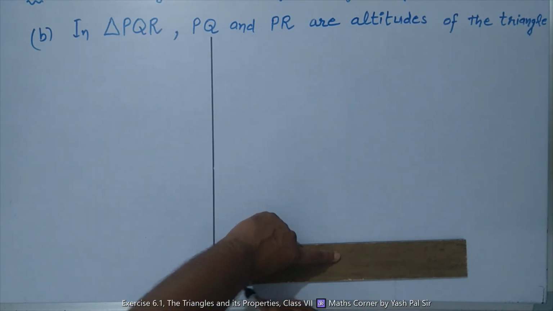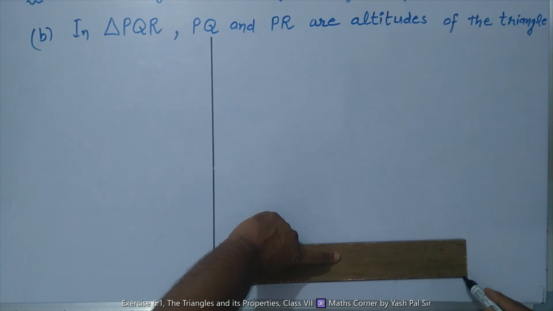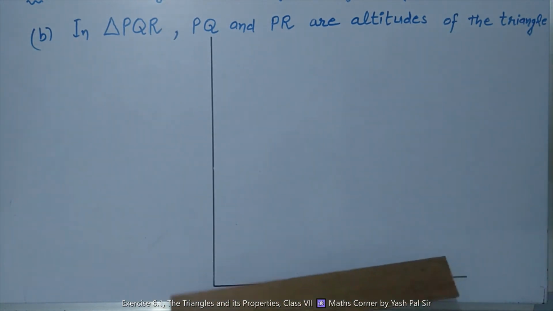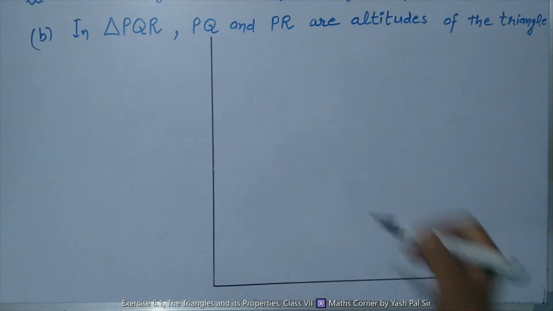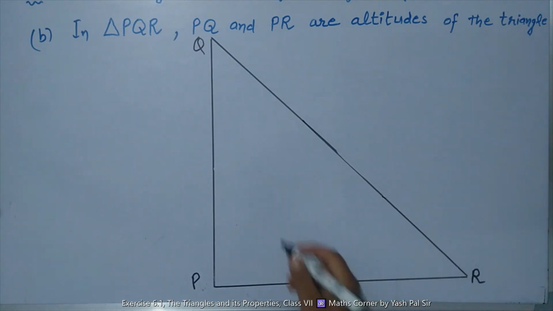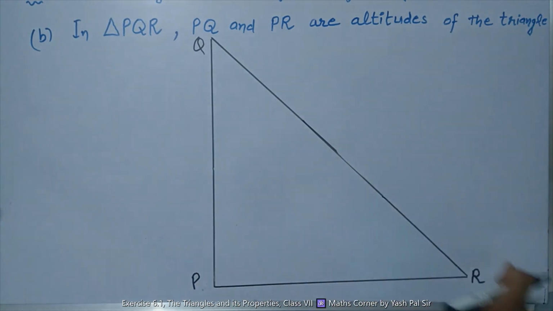So this way, right, equal to the length of the scale. So we have drawn. Now we join these 2 points. This way we have the triangle PQR.